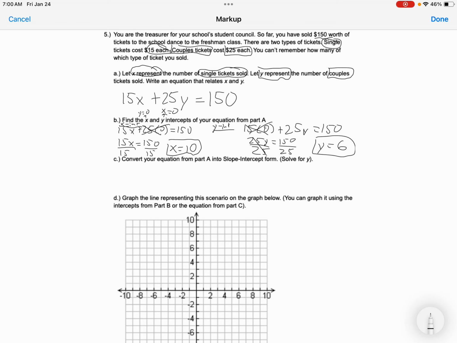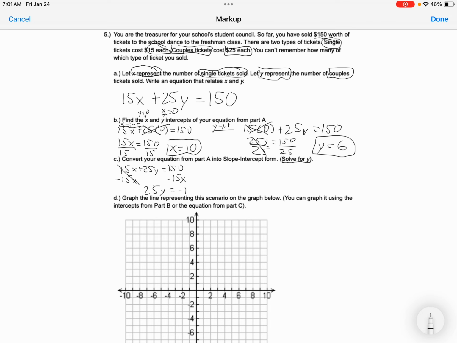Then it asked me to convert the equation from part A into slope-intercept form, which gives me a hint to solve for y, get y by itself. So if we have 15x plus 25y equals 150, the first thing I'd want to do is subtract 15x from both sides, which cancels out the 15x. That gives me 25y on the left side equals 150, and negative 15x are not like terms because one has x and the other doesn't.